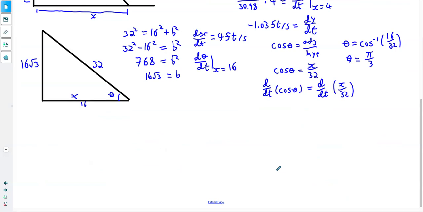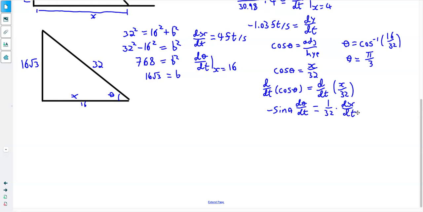Now, we will take the derivative of this, so that gives us negative sine theta d theta dt equals 1 over 32 times dx over dt.